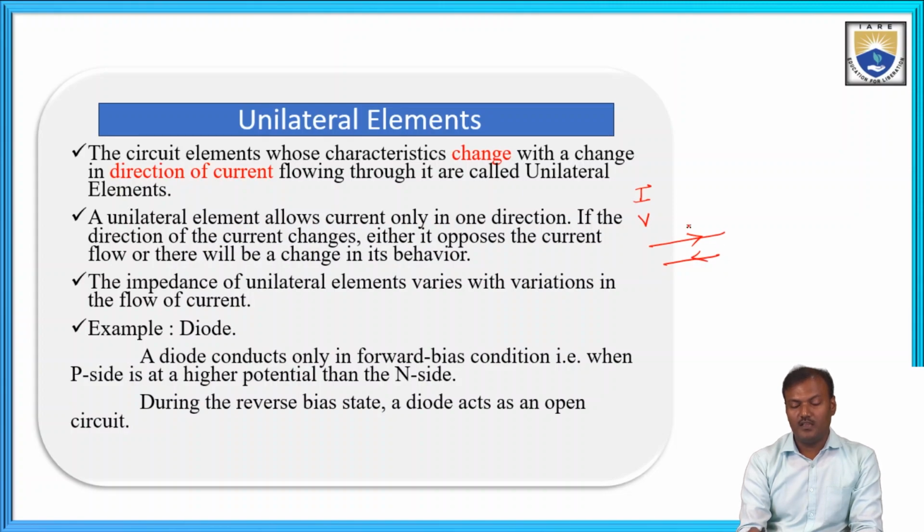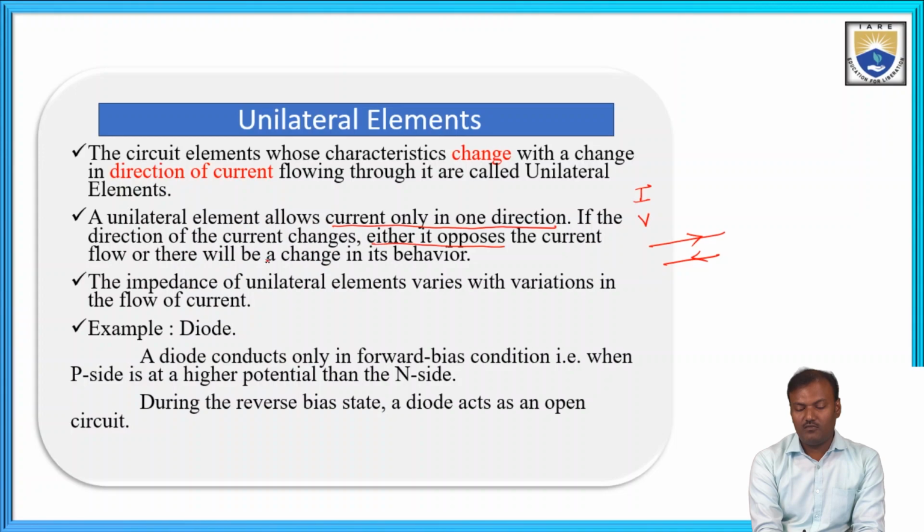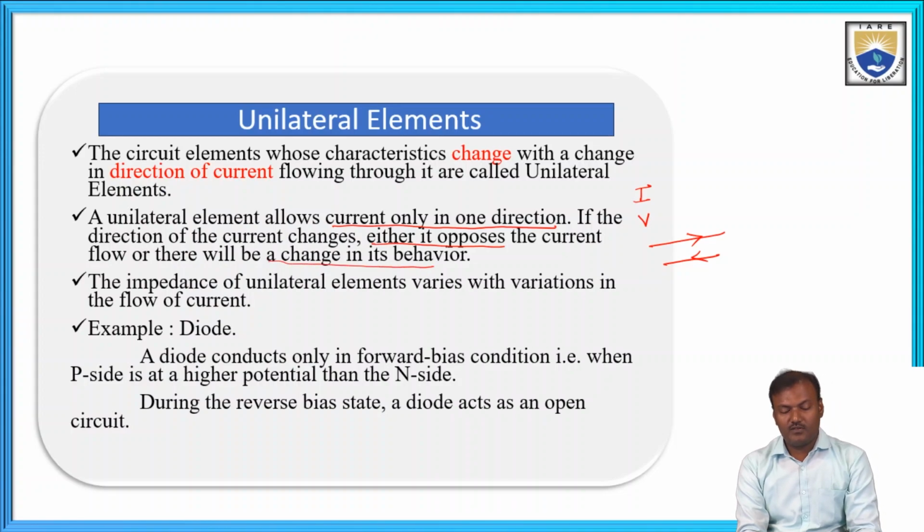That is, it allows current in only one direction, and if the direction of current changes, either it opposes the current flow or there will be a change in some other behavior. The impedance of unilateral elements varies with the direction of flow of current. The impedance may vary from minimum to maximum value.